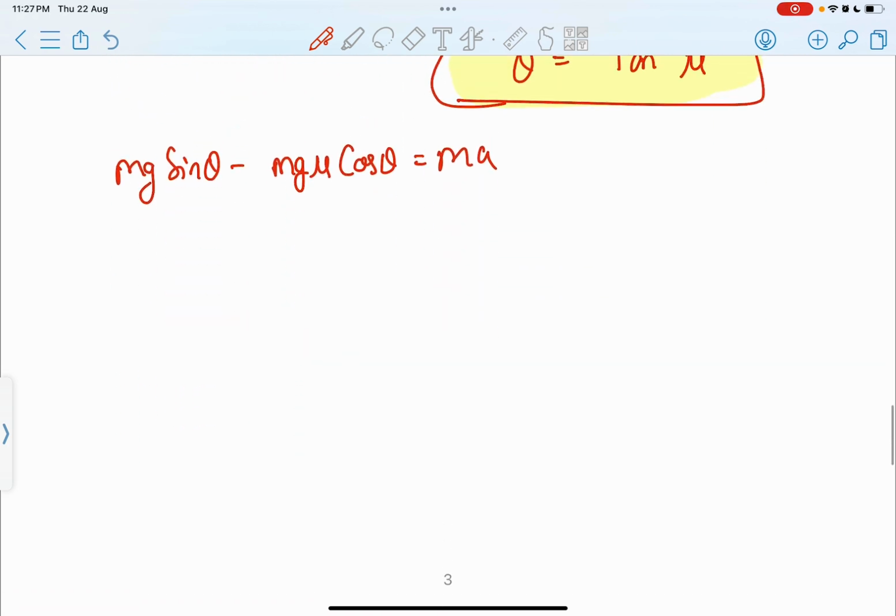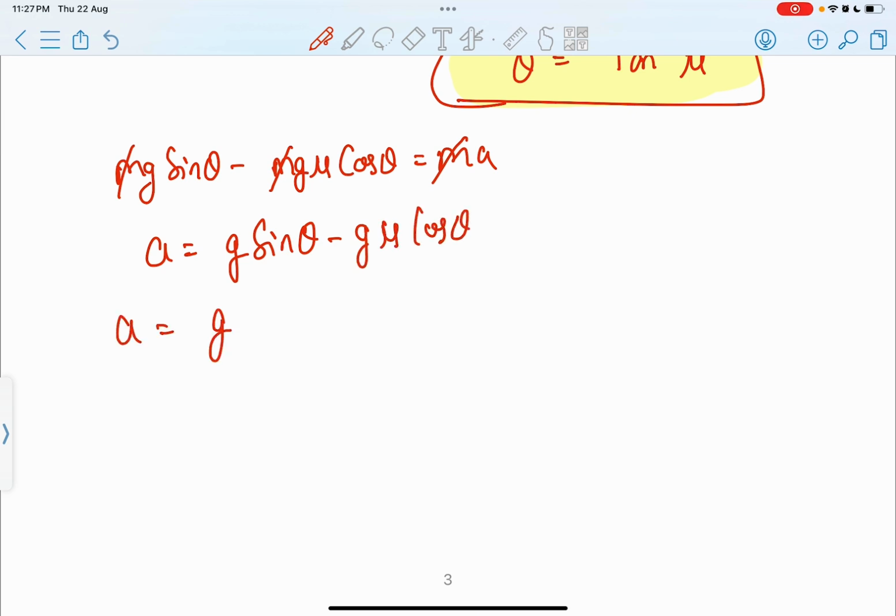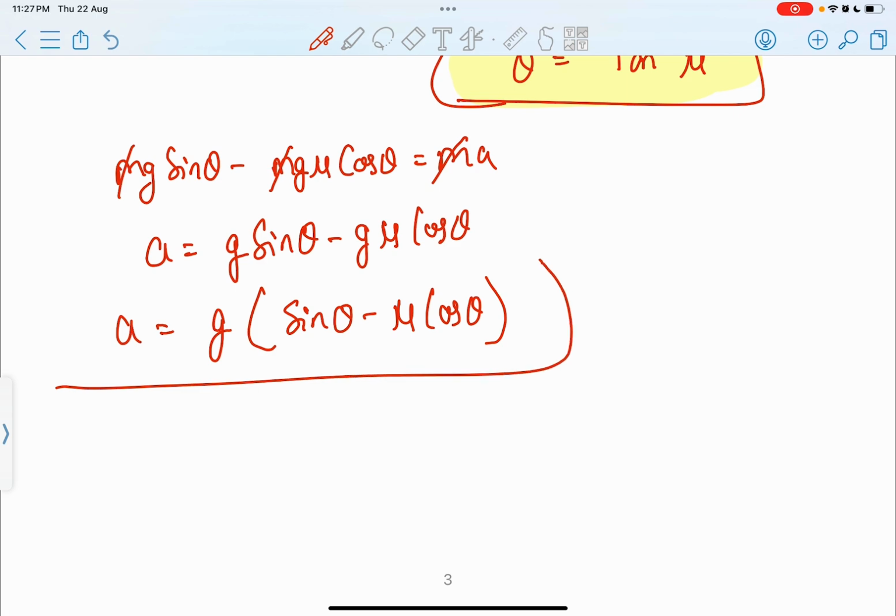Now m cancels, and here we have a equal to g sin theta minus g mu cos theta, and g will be common, so a equals g times sin theta minus mu cos theta, and that is the answer, which is the acceleration.